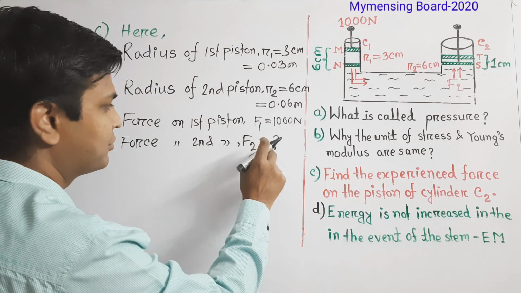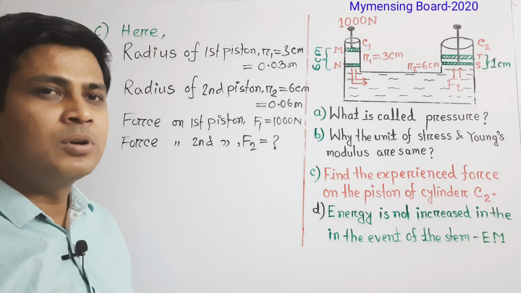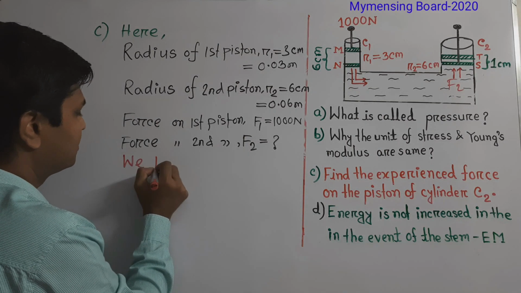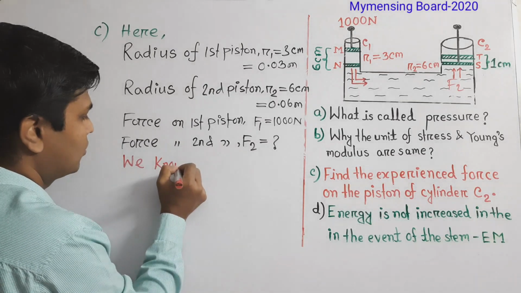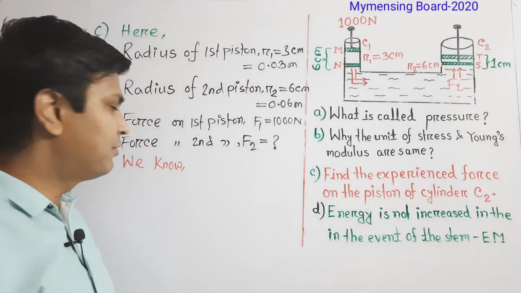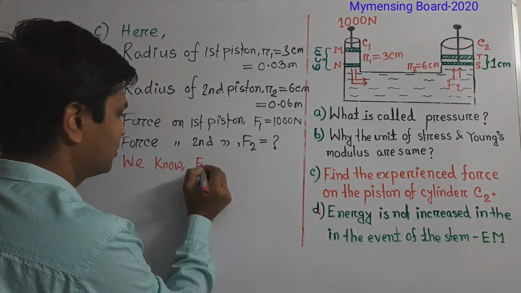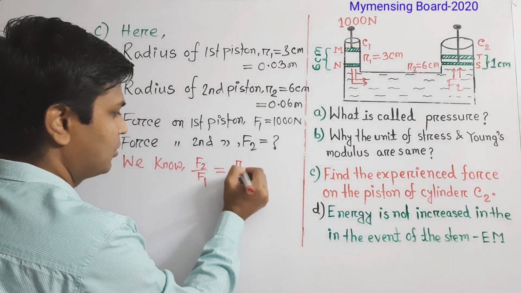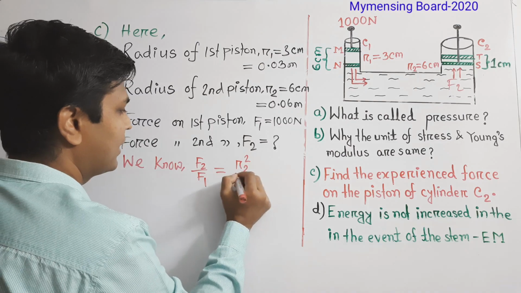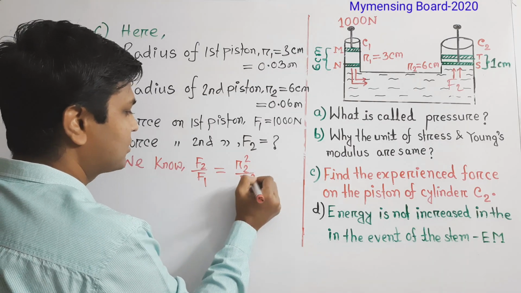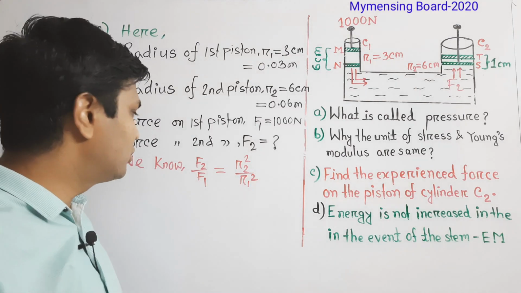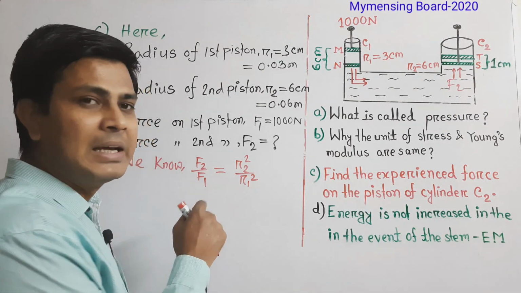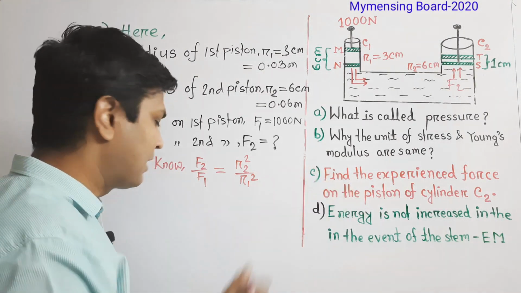The value of the force on the second piston, or experienced force, is F2, and we have to calculate the value of F2. So we can write F2 equals what? Now our formula is, we know, F2 by F1 equals R2 square divided by R1 square. Now we have to find the value of F2, so we move F1 from the left side to the right side.